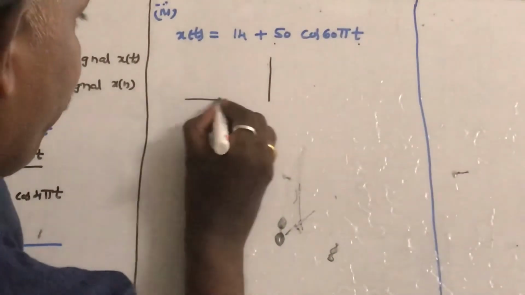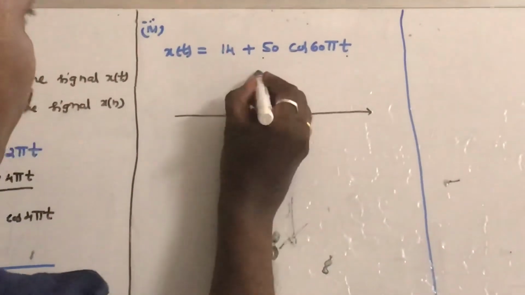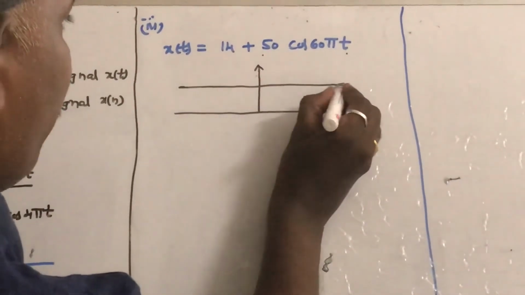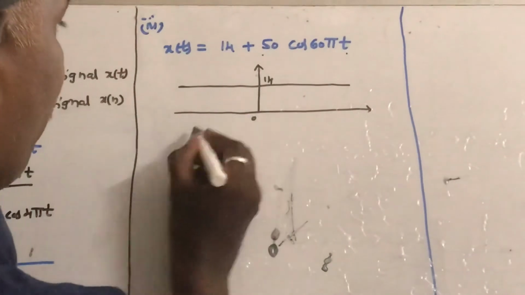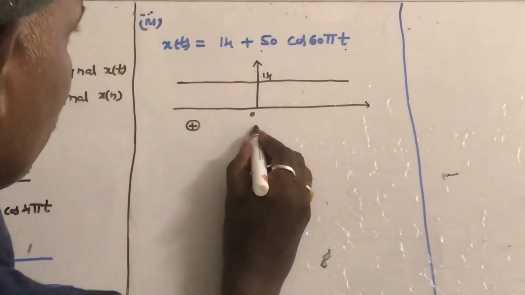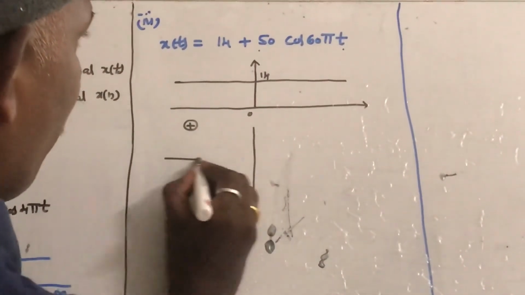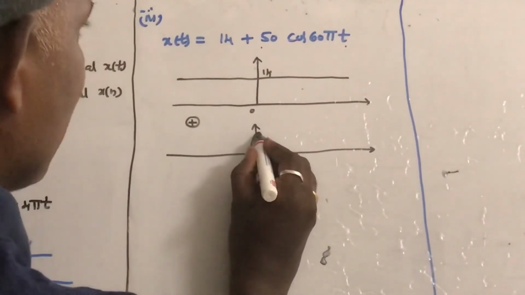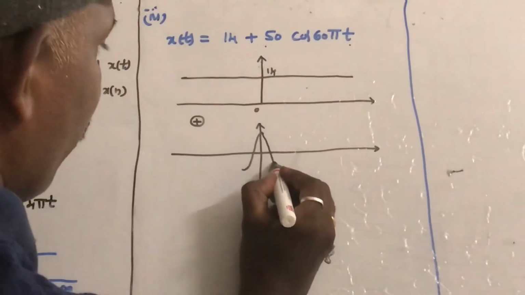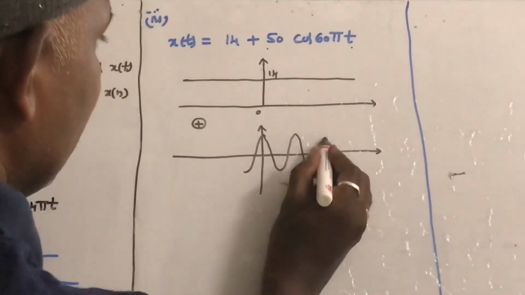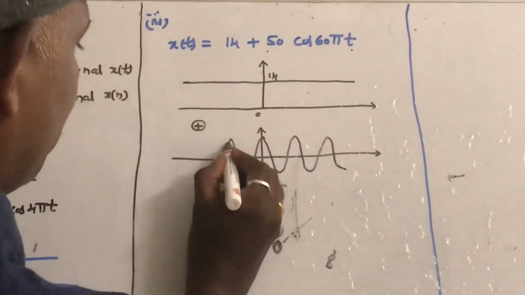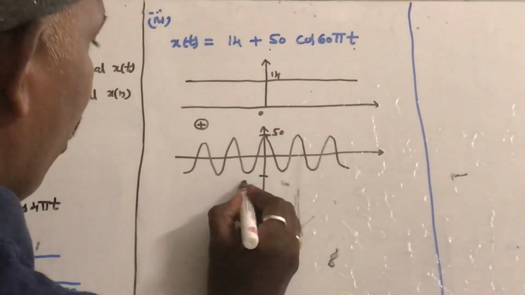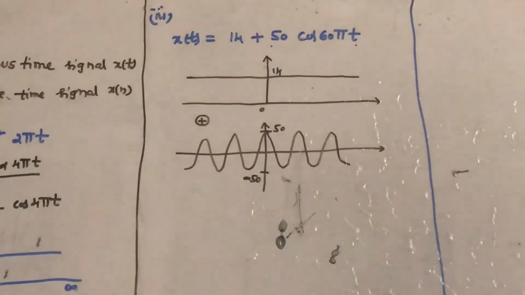So I am drawing the resultant waveform of 14 plus this. First draw a line of 14 amplitude. Plus, draw a cos waveform of 50 amplitude. The positive peak is 50, cos 0 is plus 50. So the given signal oscillates between plus 50 and minus 50.